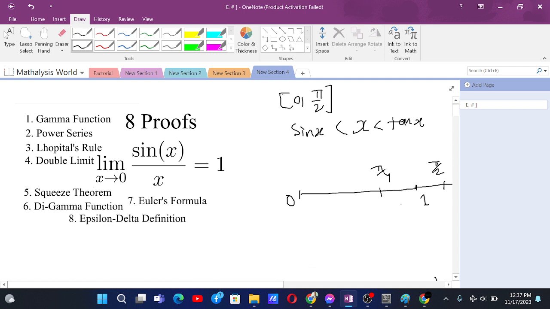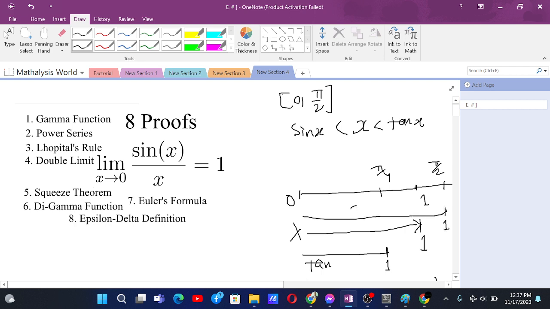The graph of x reaches the value 1 only at x equals 1. But tan will already reach the value of 1 here, and sine will reach the value of 1 only here, and this is just x. So tan x increases really fast, so that at pi by 4 it already reaches the value of 1, and x reaches the value of 1 just at 1, and sin x reaches the value of 1 at pi by 2.